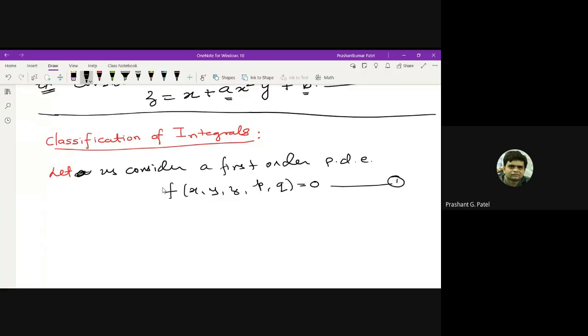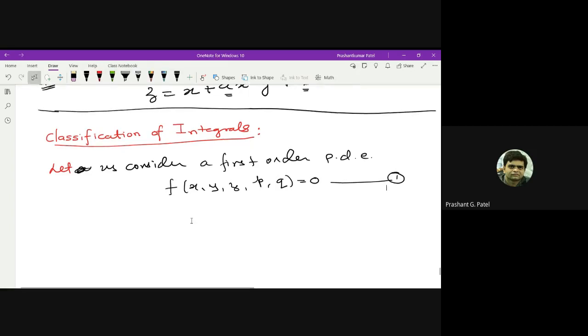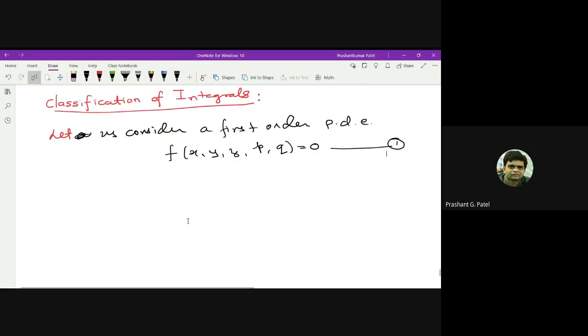So when a differential equation is there, the solution is an important factor to obtain, and in which space it is there, what type of solution is there, that is interesting to find out.